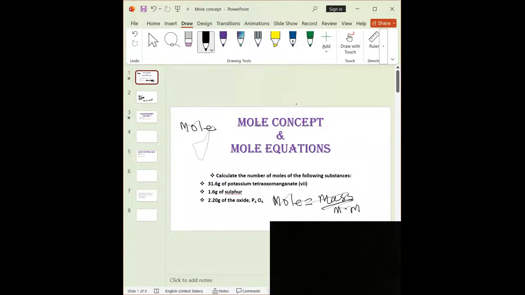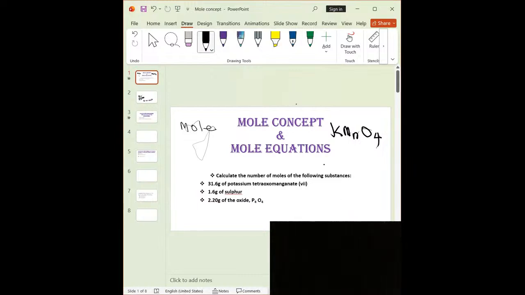The second is 1.6 gram of sulfur. First of all, what is this compound, potassium tetraoxomanganate? I'll give you the molecular formula. That's KMnO4, the molecular formula of potassium tetraoxomanganate.